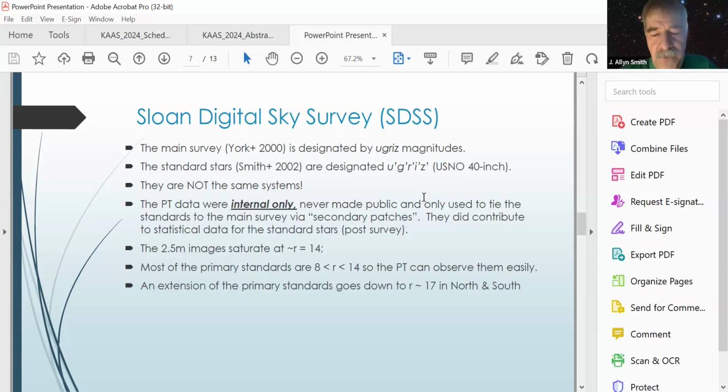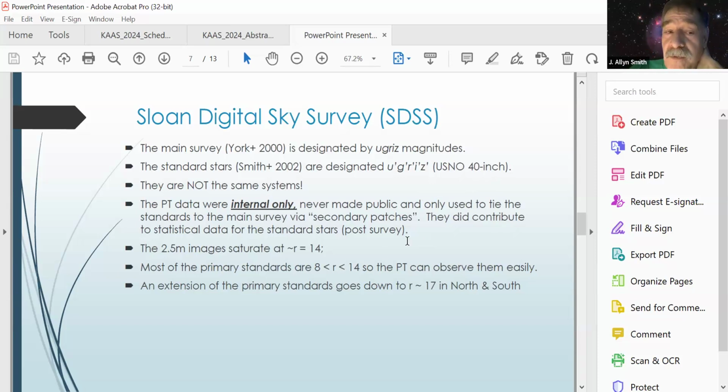The PT data, which some people like to quote, were internal data only and were never made public. I think you can count on one hand and have fingers left over the total number of people in the world who've ever seen that data. And they're used to tie the standards to the main survey via these secondary patches.